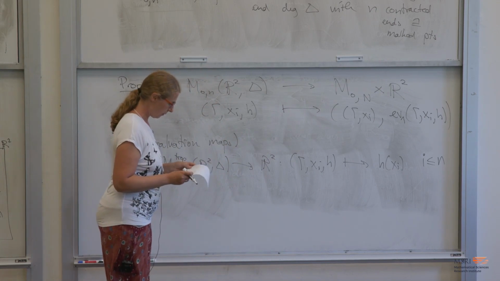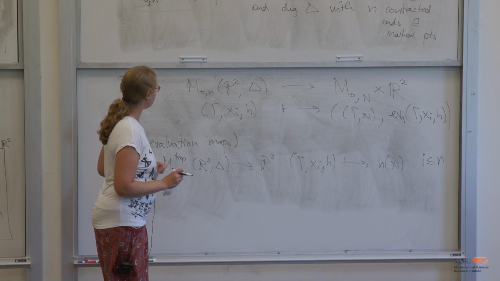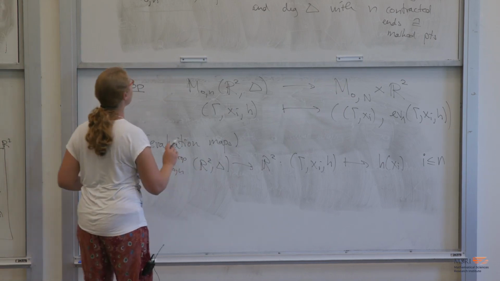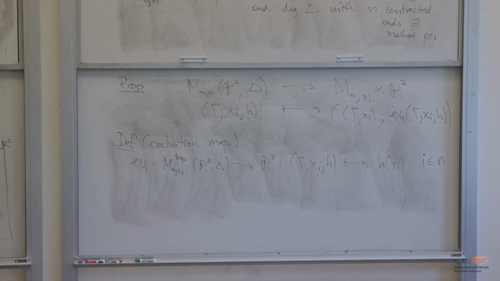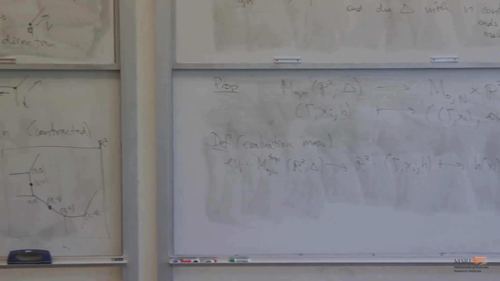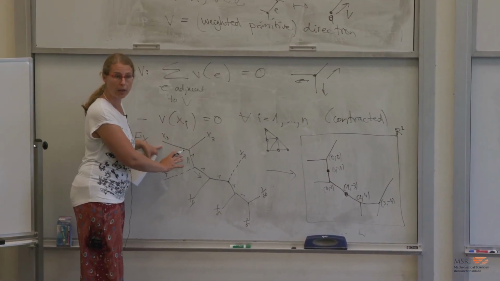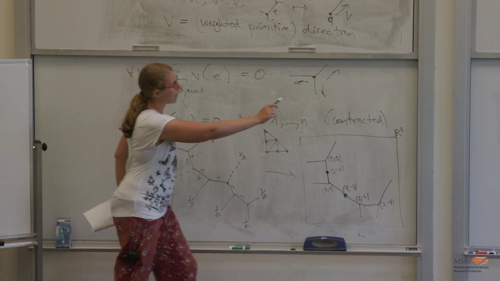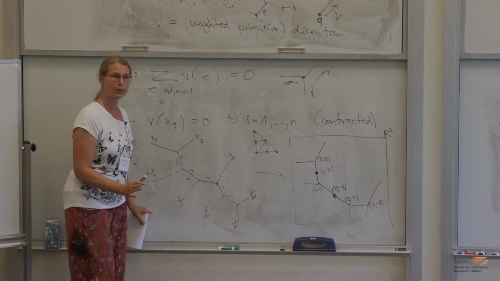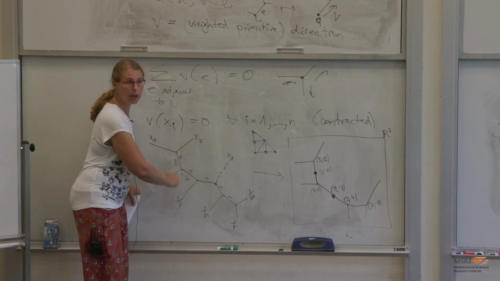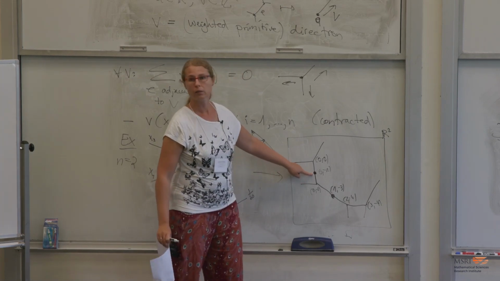Why is that the case? Let me show it in this picture. We have this data of our tropical stable map, and what we're doing in this map is we're forgetting a lot. We keep the abstract tropical curve, and then we keep the image of one point, this thing.